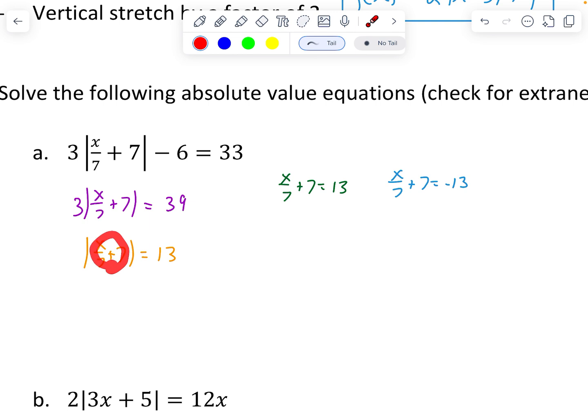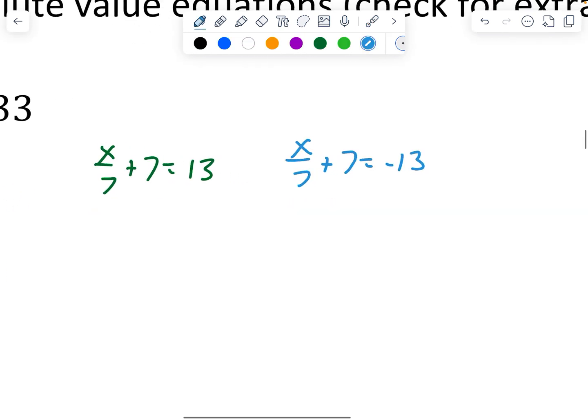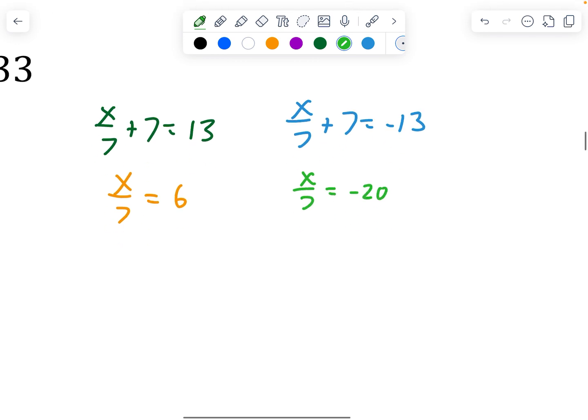If this equals negative 13, then you're still good because the absolute value of that is 13, which is why we set up these two cases. Now we solve these using the same steps, but we'll get different results. Subtract 7, and you get x over 7 equals 6. Subtract 7 over here, and you get x over 7 equals negative 20. And then multiply both sides by 7, and you get x equals 42, and x equals negative 140.